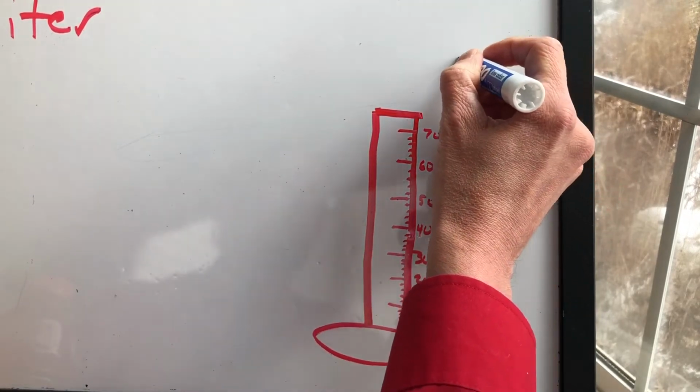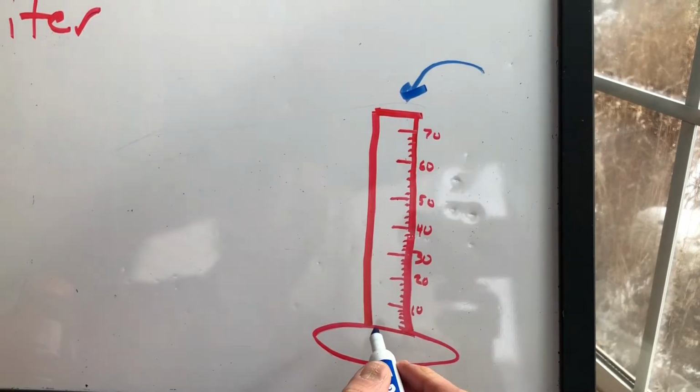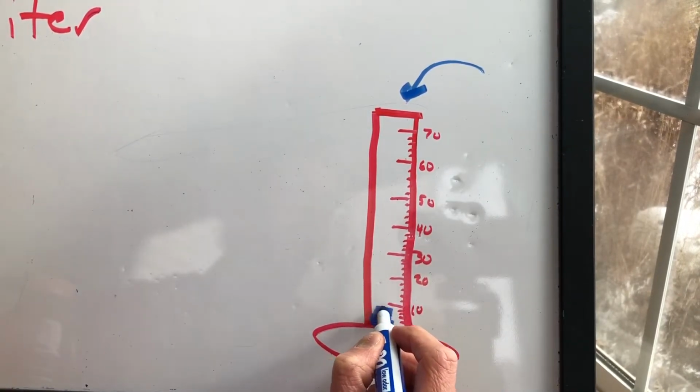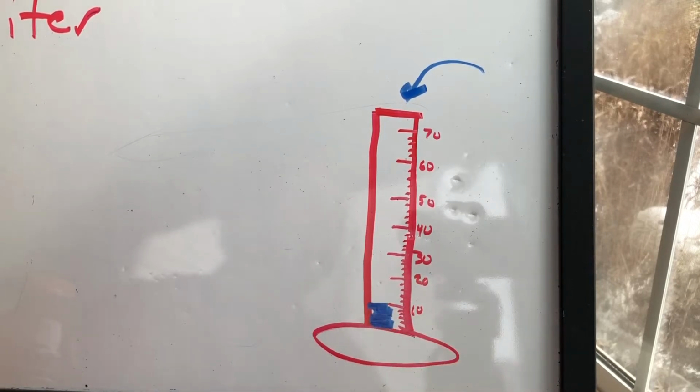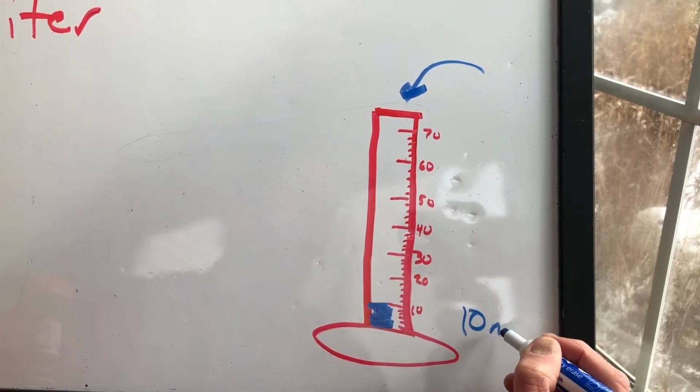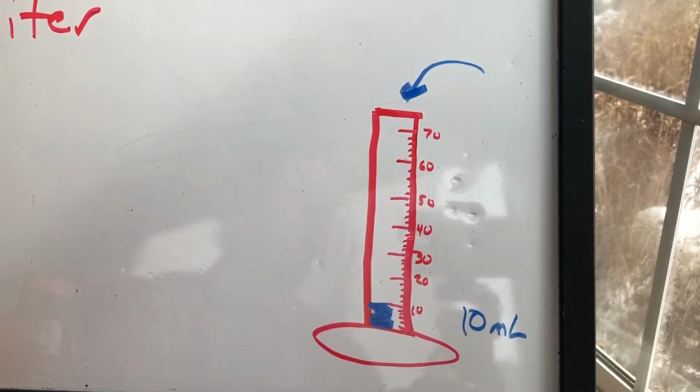We pour some water in here, and then it might fill up some of this. Maybe it fills up to here, right? And we look at the level of the liquid, and then we can look over here and see that it would be 10 milliliters. And you write it like this, milliliters, ML. I know it looks weird, right? A small m and then a big L, but that's how you do it.